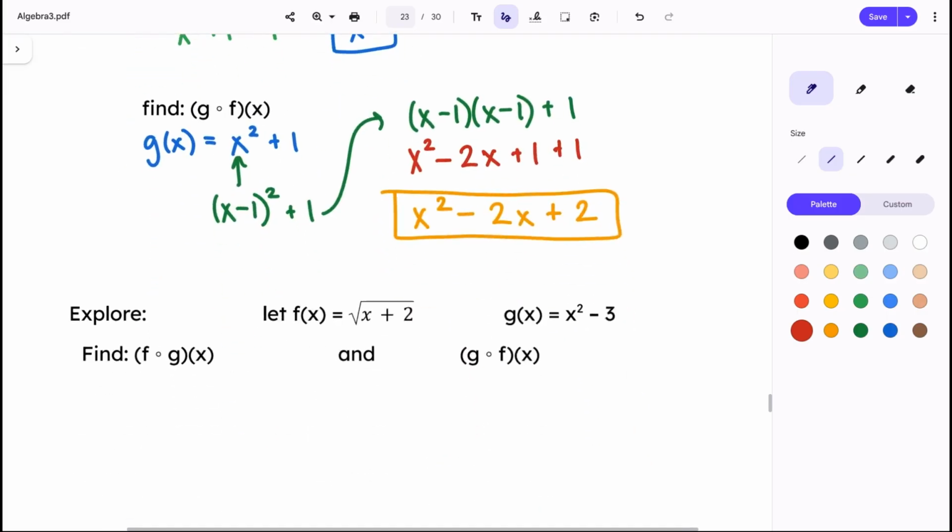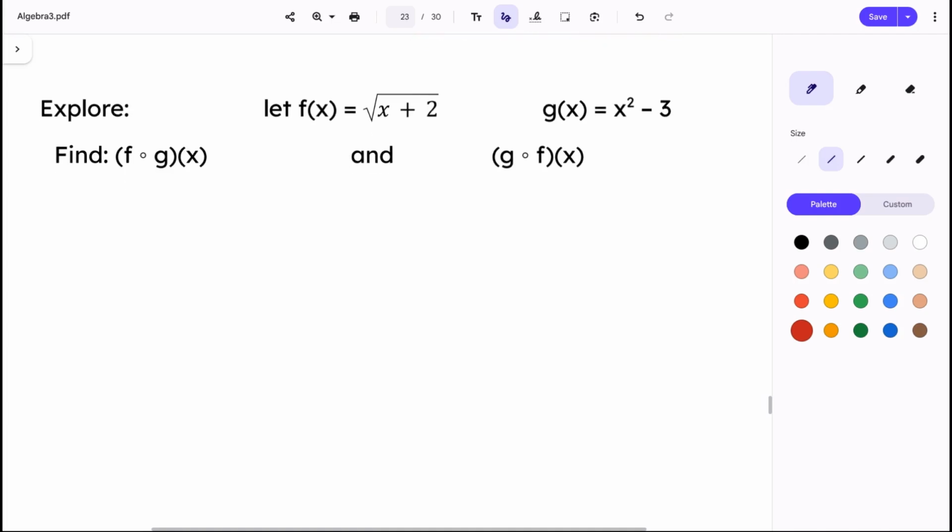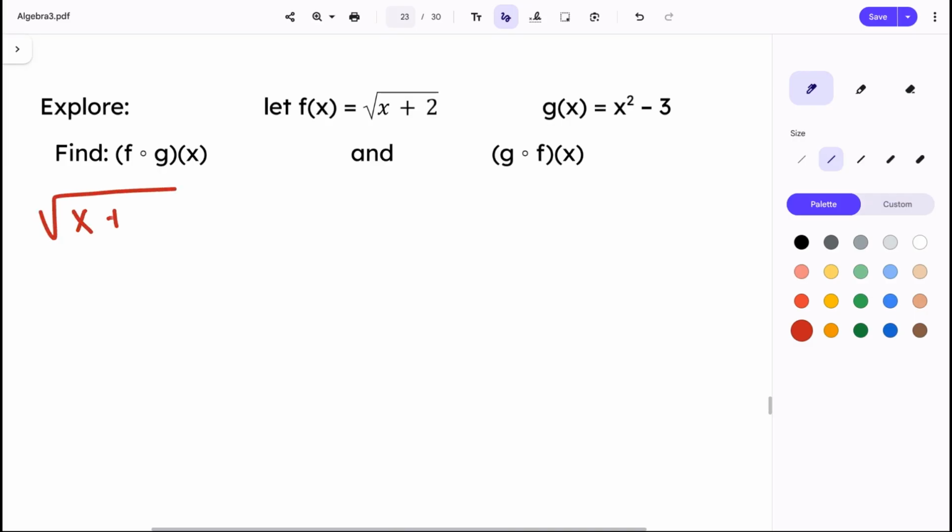Okay, so we've got another set down here. We've got 2 new functions. So I want you guys to walk me through. What would you do for this first one, f of g? Put in g of x for x on the f. Yes. So f's right now says square root of x plus 2. So what do we put in for x?